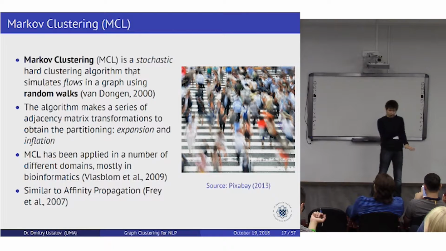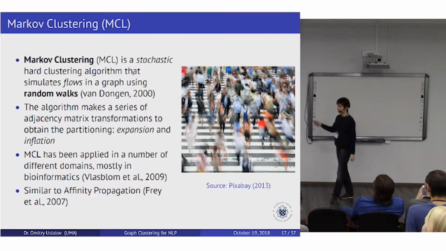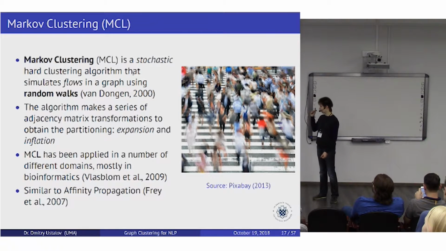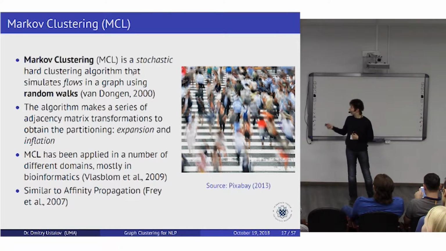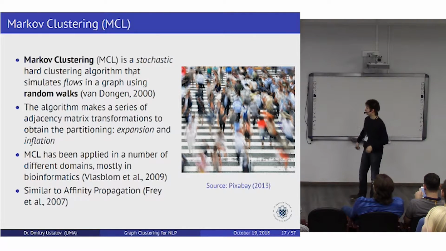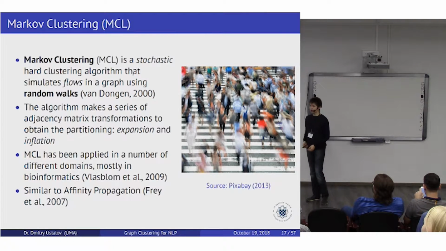And this Markov clustering algorithm, when it comes to Chinese whispers, is something like you are doing one step of this algorithm a bit different. You take only one largest value when you do some matrix transformations, and you get virtually the same results as in Chinese whispers. So let's focus on Markov clustering.